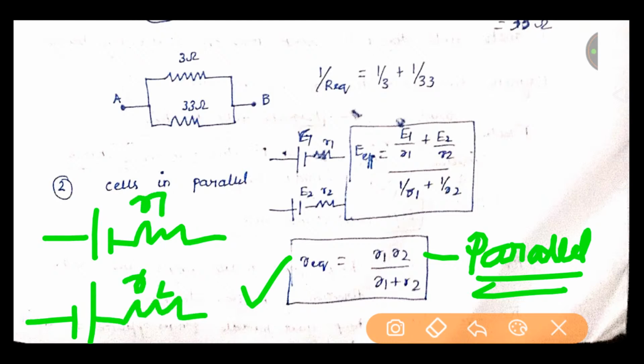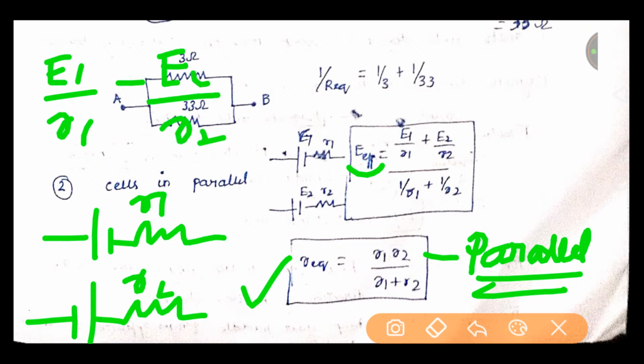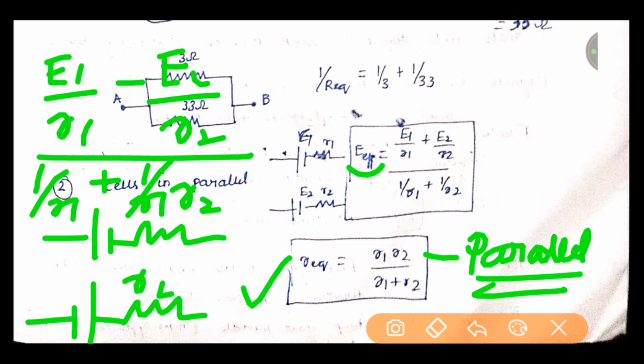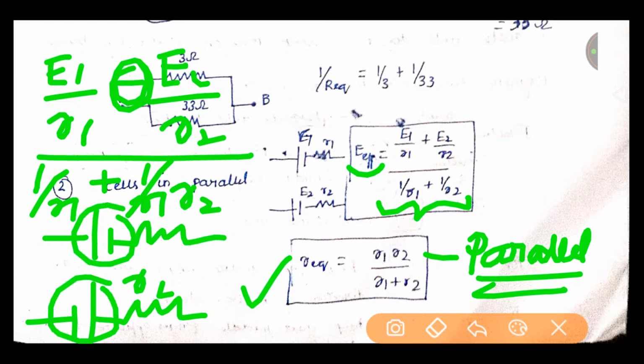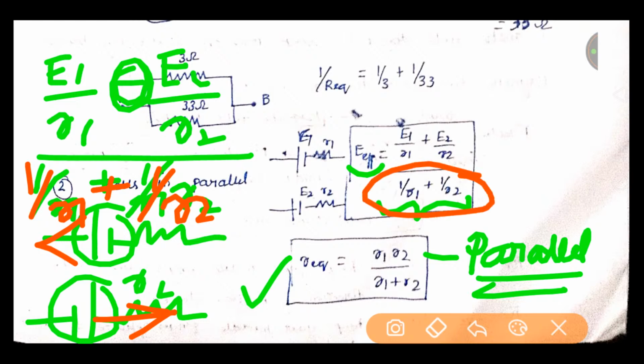How to find E effective? It is E1 by R1 minus E2 by R2, divided by 1 by R1 plus 1 by R2, because for parallel we always add in the denominator. Only in the numerator you should bring the minus, if the terminals are like this, because this one sends current in this direction and this one sends current in the opposite direction. So 1 by R1 plus 1 by R2 in the denominator.